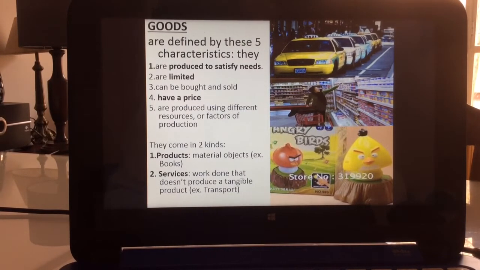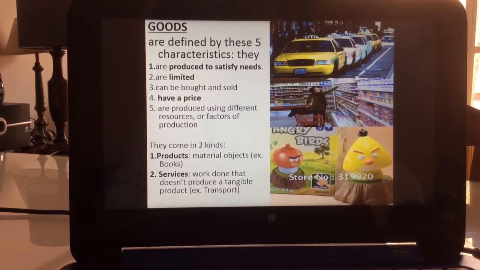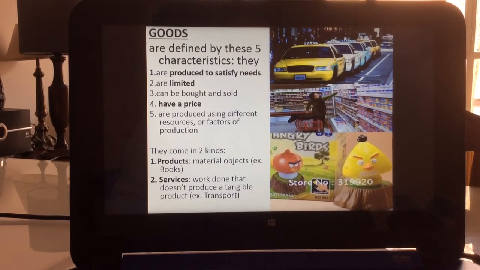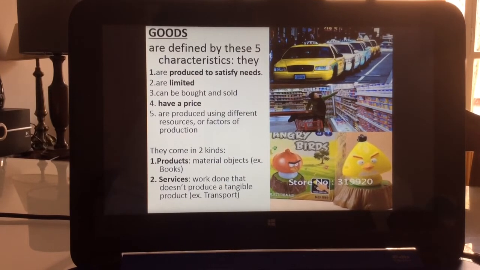Anything that is unlimited, like sunshine, for example, is not a good because it's unlimited. It comes every day, right? They can be bought and sold, which means that they have a price. They're bought and sold for a specific price, and they're produced using different resources or factors of production, okay? We'll talk about factors of production, which are resources, in a minute, but just have this idea of goods are the things that you're buying and selling on the market, okay?